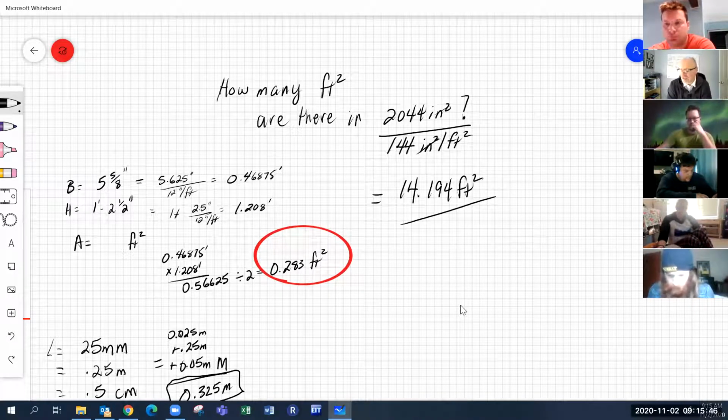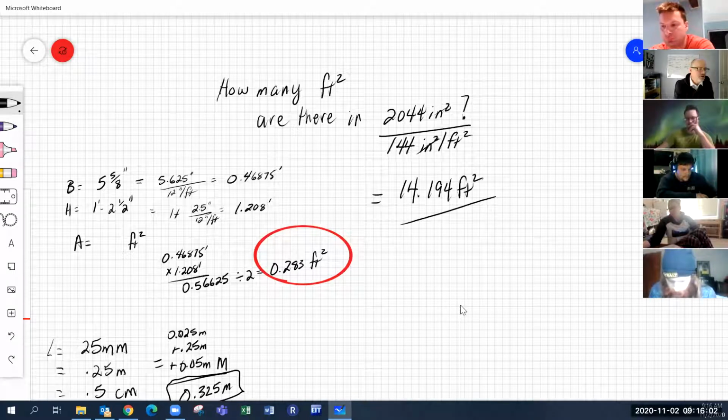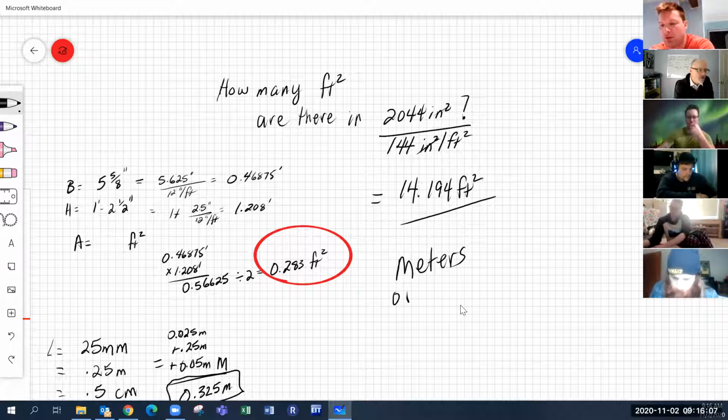So herein again lies the conundrum of what increments of measure should we convert to? So always, I would like you to convert to the bigger number. I want you to convert everything into meters if you can, or feet if you can.